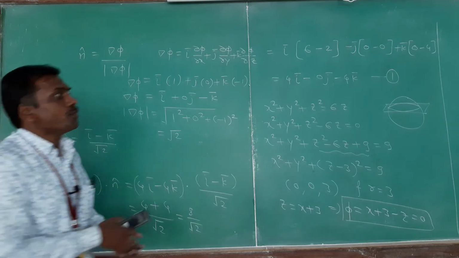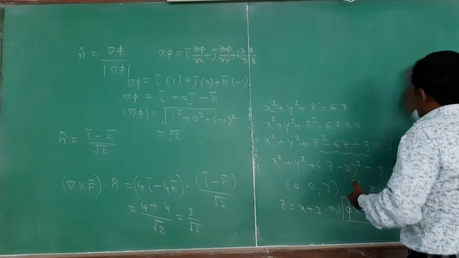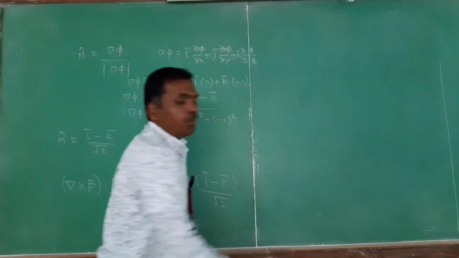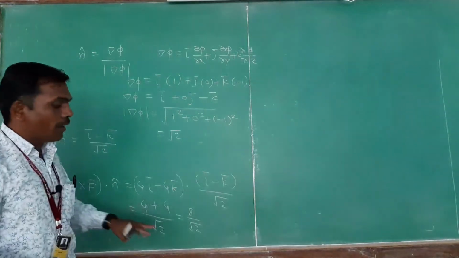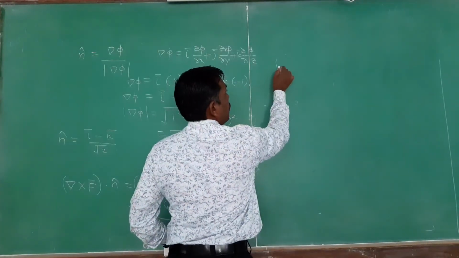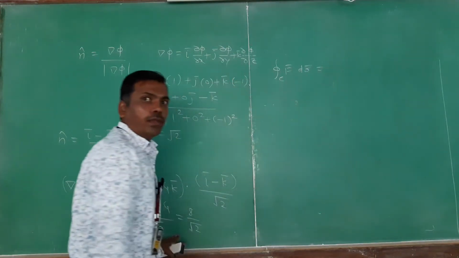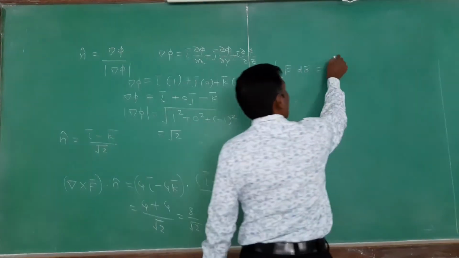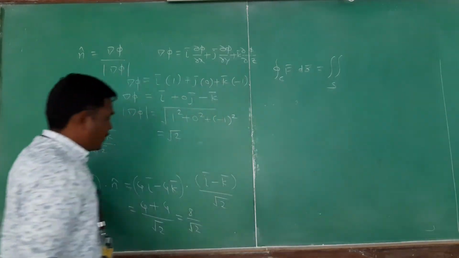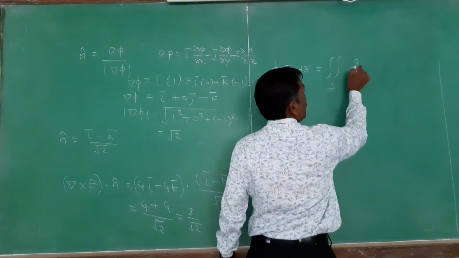Now here the given surface is a circle. So we use Stokes theorem: integration over the closed curve C f bar dot dr bar, this line integral we have to evaluate, is equal to double integral over S del cross f bar dot n cap, which is 8 upon root 2.